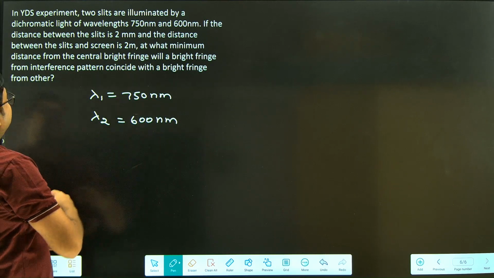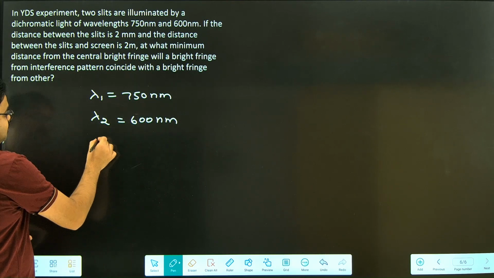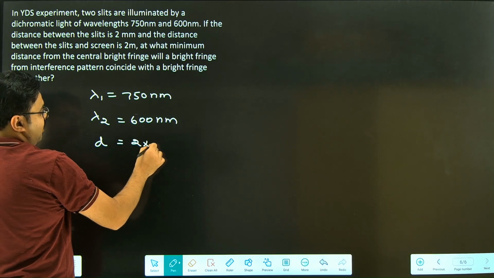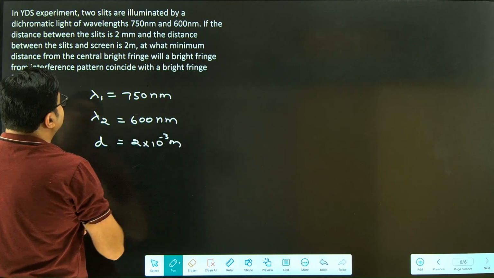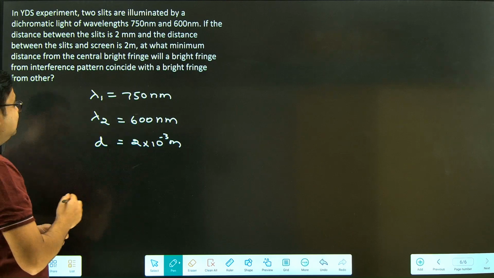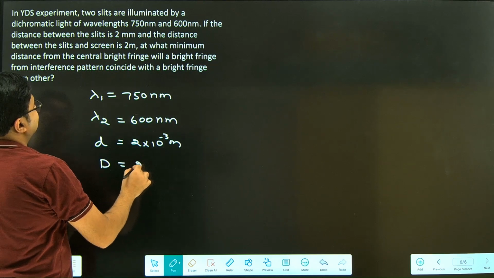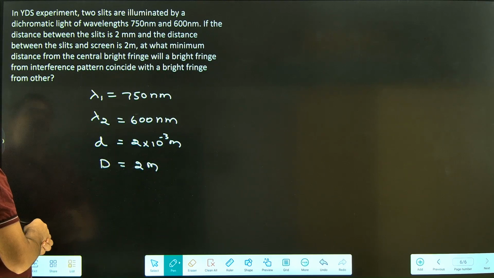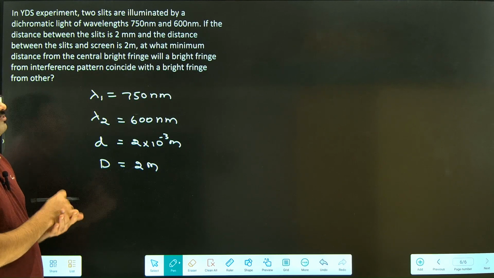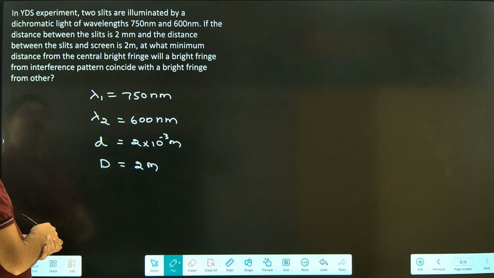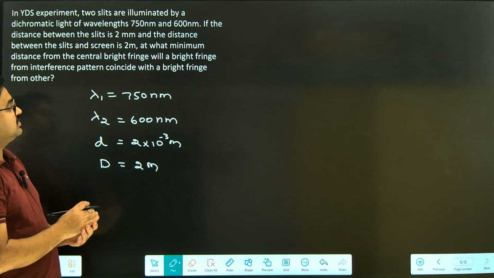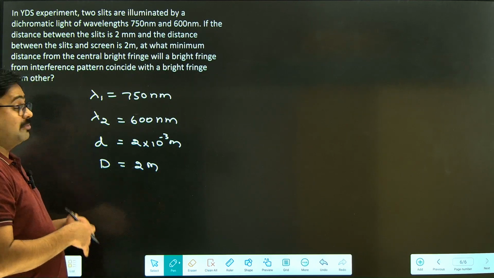If the distance between the slits is 2 mm, small d is given to us, that's 2 mm, mm is 10 to the power of minus 3 meter, and the distance between the slits and the screen, capital D, is 2 meter, at what minimum distance from the central bright fringe will a bright fringe from one interference pattern coincide with the bright fringe from the other?